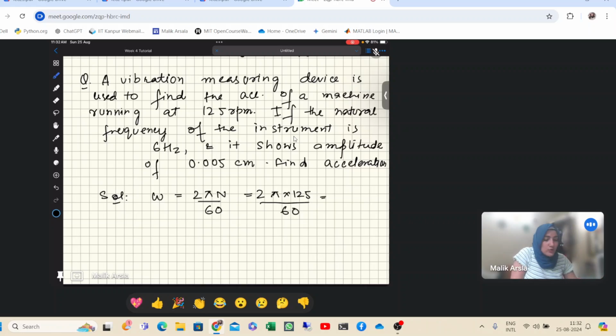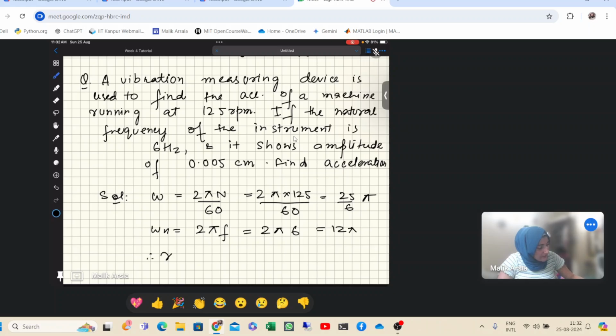It will be 25 by 6 pi. Now omega n is what? Omega n is 2 pi f. So with frequency given as 6 hertz, it will be 2 pi into 6, so 12 pi.